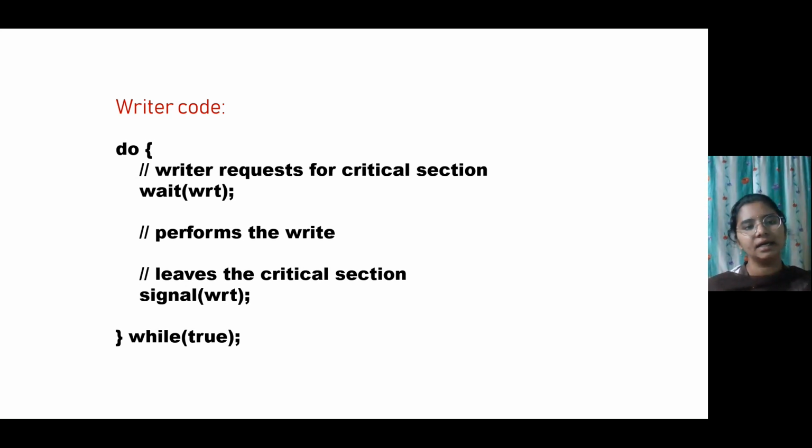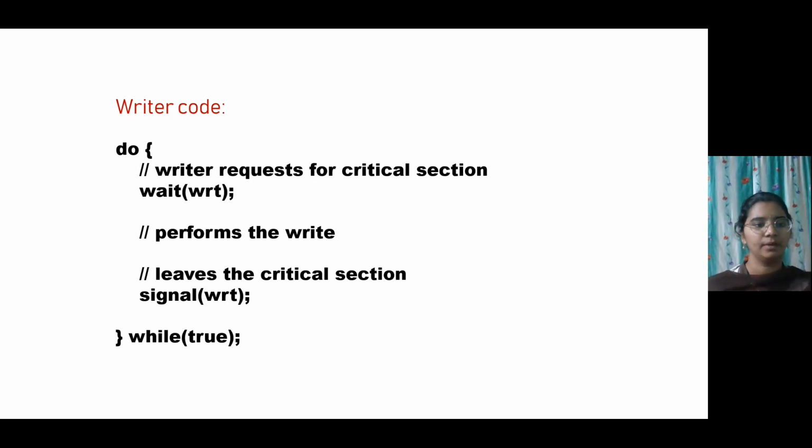And when a writer is performing a write operation and another writer process wants to enter the critical section, then it cannot get hold of the write semaphore, because one process already holds it. Until that process releases the write semaphore, no other writer process can enter the critical section. In this way we can solve the problem for the writer process.